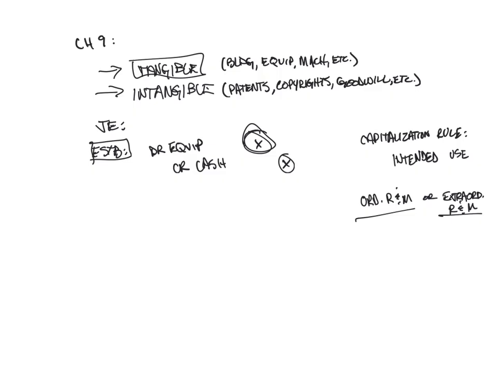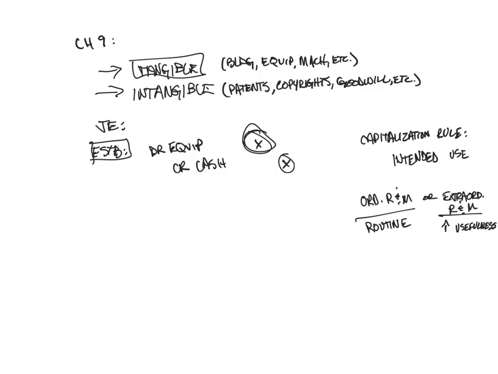Ordinary repair and maintenance are expenditures for routine maintenance and upkeep of long-lived assets, just like, for instance, if you're changing the oil in your car. So these are routine. Extraordinary repair and maintenance, on the other hand, are usually infrequent. They involve large expenditures, and they increase the asset's usefulness through, for instance, enhance efficiency, capacity, or lifespan.